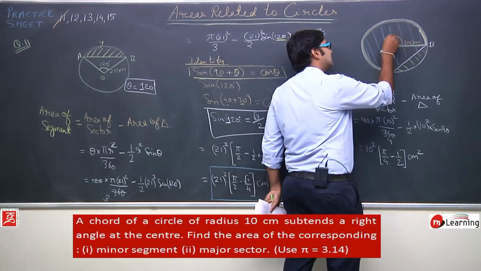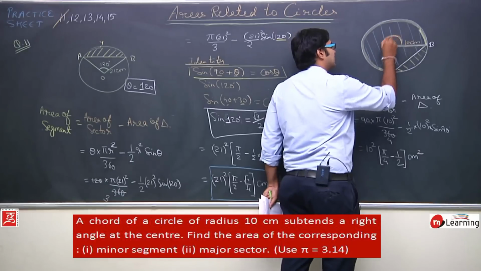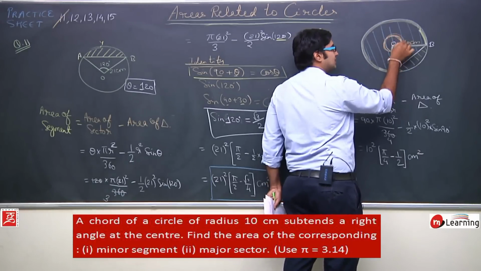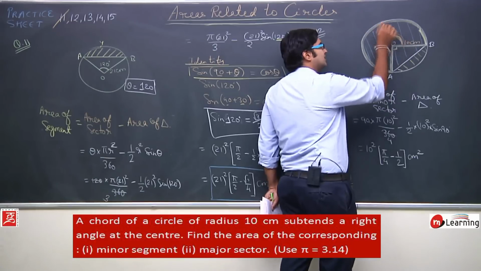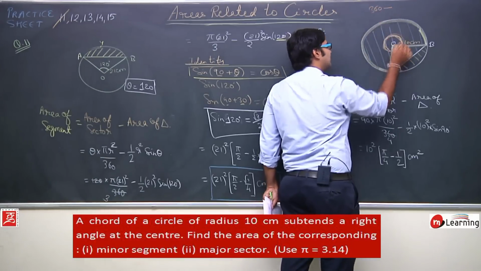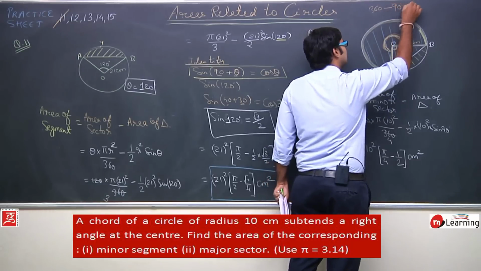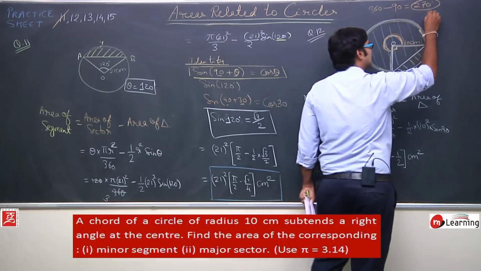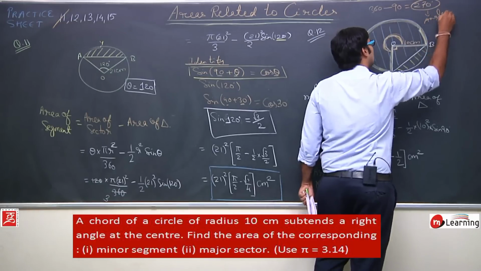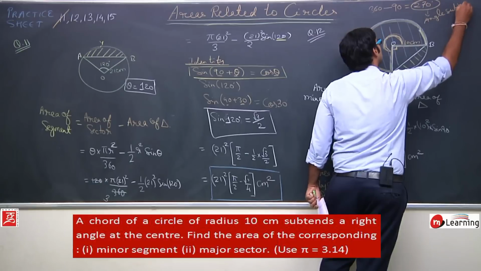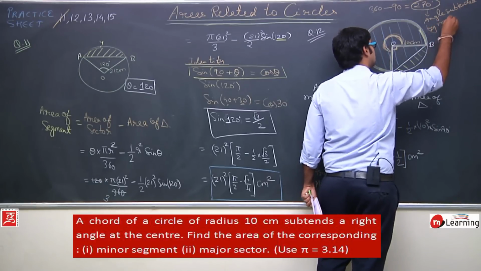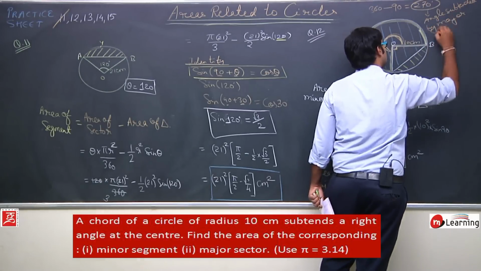I can see this is the angle that it subtends, because minor sector subtends this much angle. So, major sector will subtend this angle. Now, total angle is 360 degree. If I subtract this angle, that is 90 degree, this will give you 270 degree. So, 270 degree is the angle subtended by major sector.